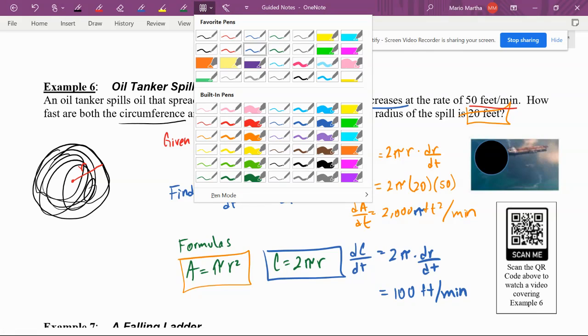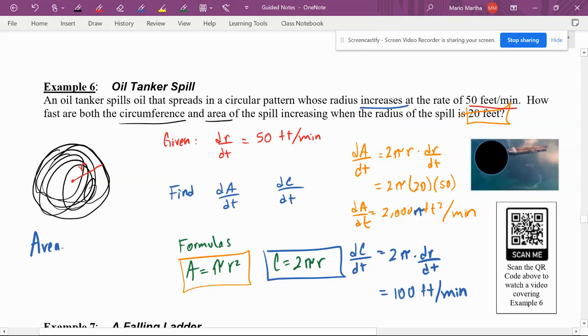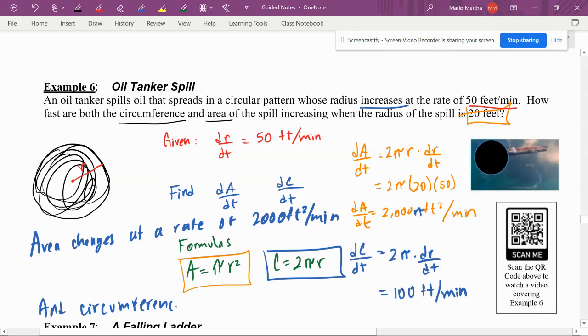So we can say that the area changes at a rate of 2,000 square feet per minute, and the circumference changes at a rate of 100 feet per minute.